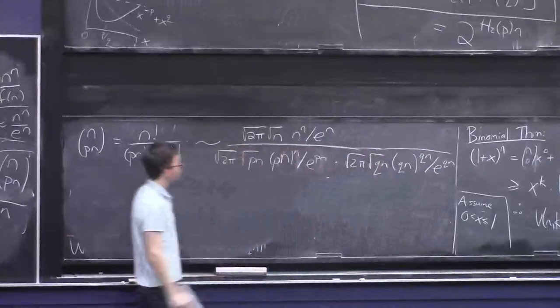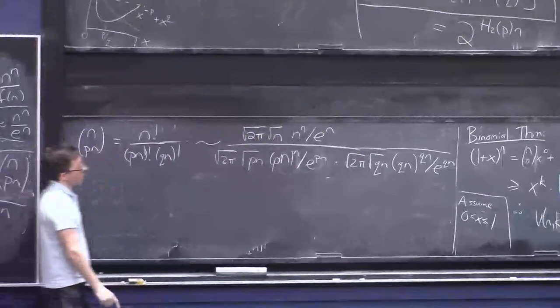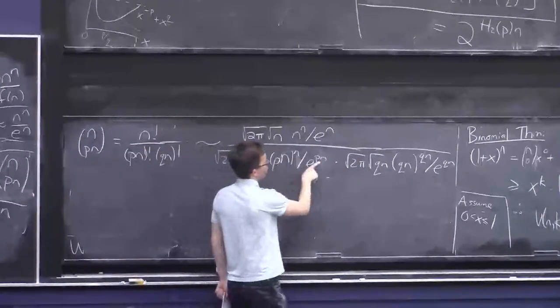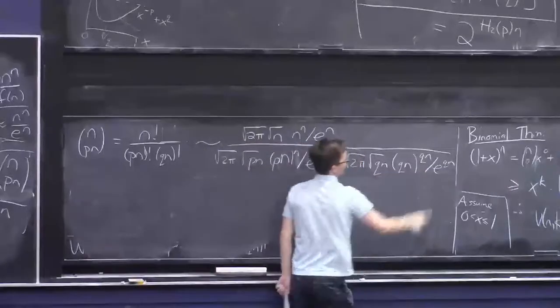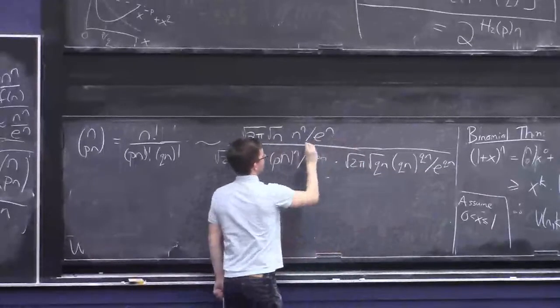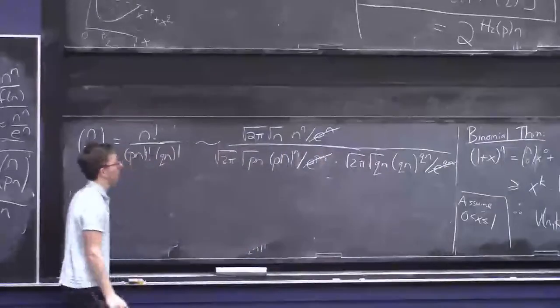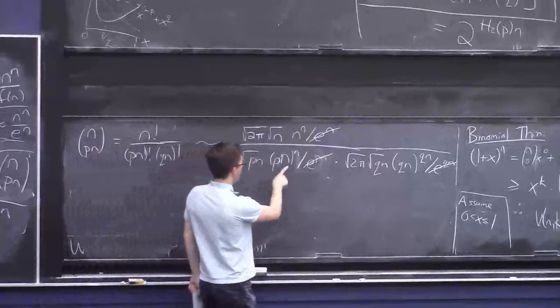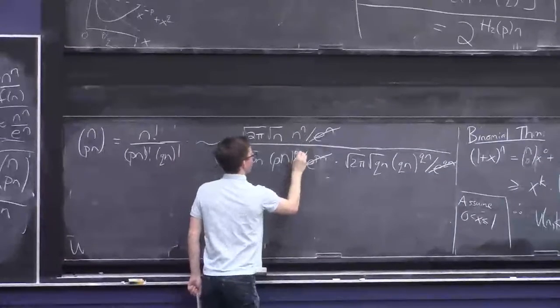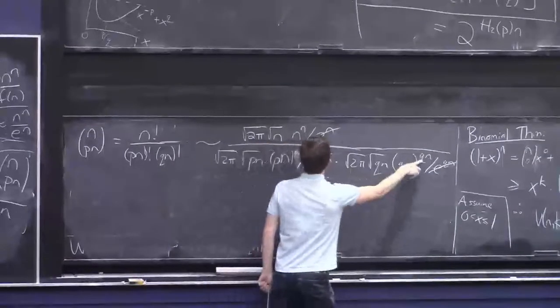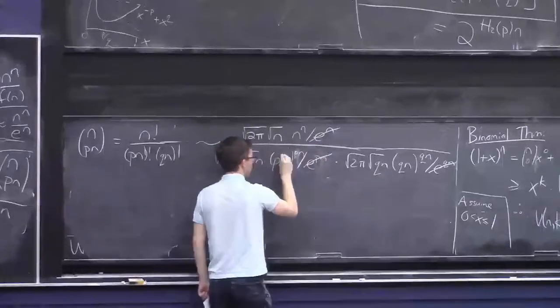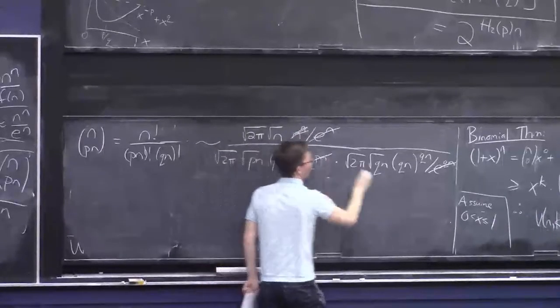Now let's see. Let's look at the powers of e. pn plus qn is n, so it cancels. That's good. Now let's look at the power of n. We have n to the pn, n to the qn. That cancels with n to the n. So good. Okay.